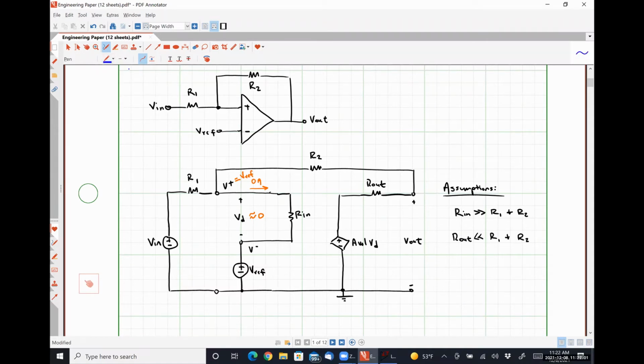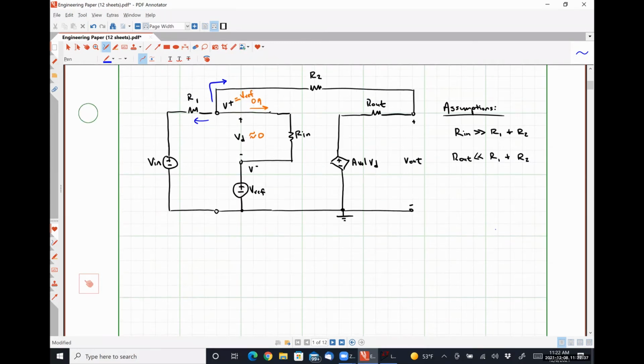So we're going to have this current plus this current, add them together and set them equal to 0, where again, we're neglecting the effect of the current that's flowing through that input resistance Rn. And since this current flowing to the left has something to do with V in, and this current flowing to the right has something to do with V out, it's going to be pretty straightforward that we're going to get an input-output relationship out of this, right?